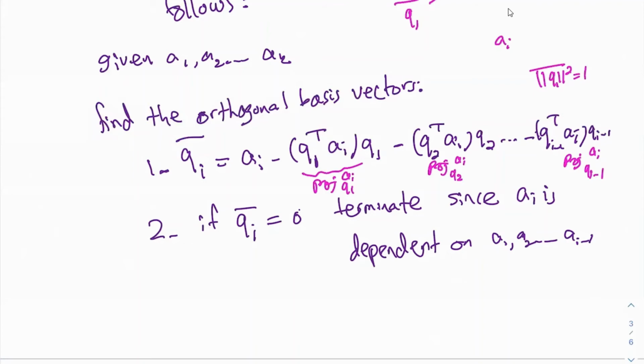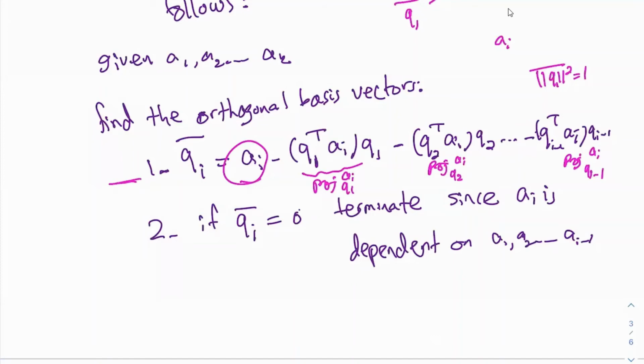This is the test that we are going to use. We run the first iteration of the Gram-Schmidt algorithm. If we get 0, this means that the vector we are interested in, Ai, is dependent on the previous vectors. This is called early termination. You check, you're done. You realize that the set of vectors is not linearly independent.